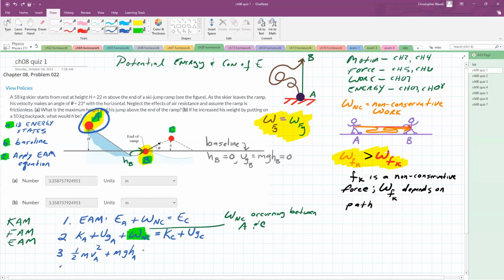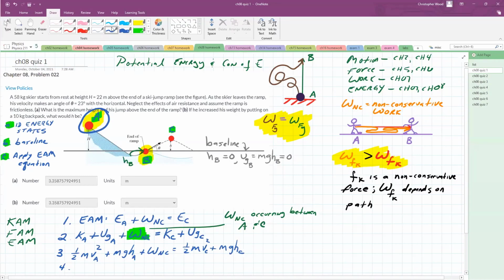Plus W_NC, equals 1/2 m v_C squared plus m g h_C. And there's my dollar sign. So good news, I've identified my dollar sign. How high does this skier get above the baseline? So the selection of the baseline was easy. They kind of led my way.